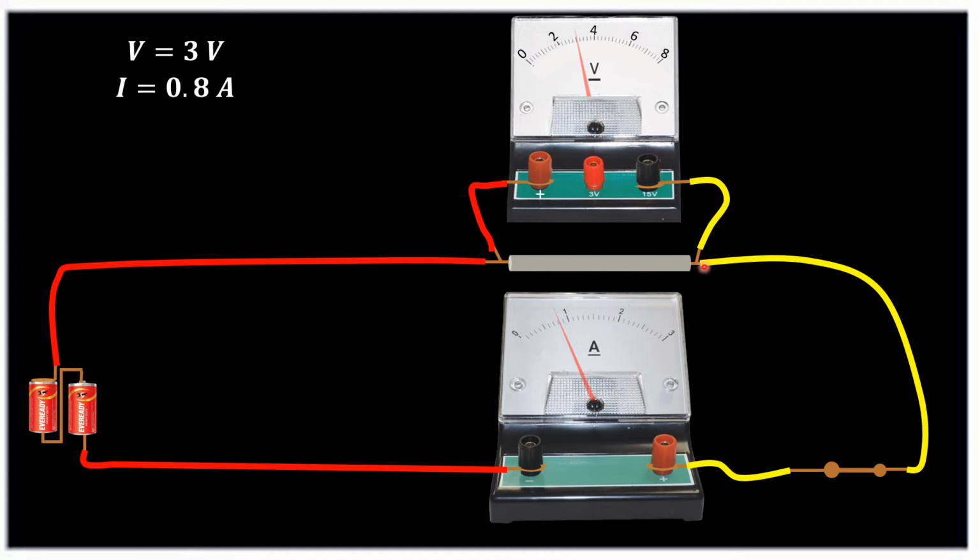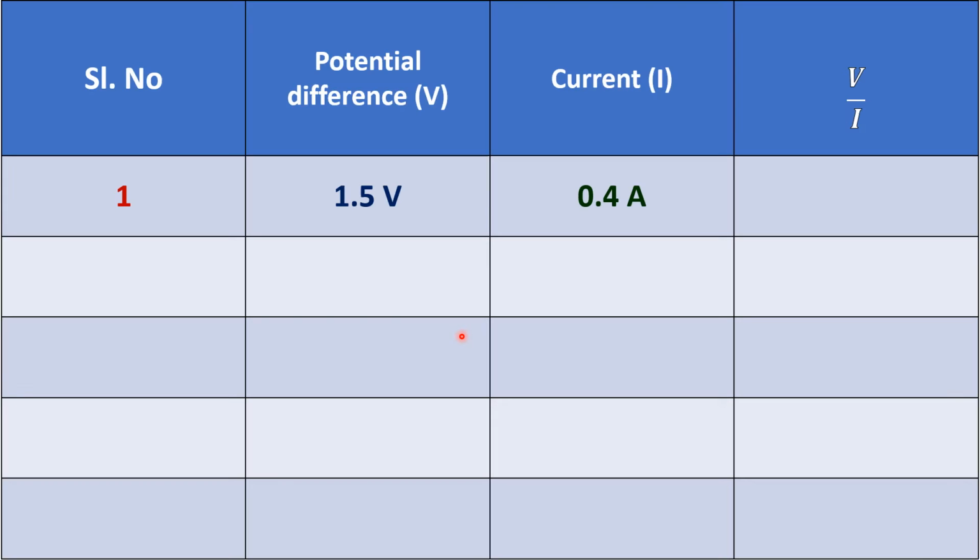Okay, so let us note down these values again in the table here. Second time, serial number 2, potential difference we got 3 volts, current passing through the iron spoke is 0.8 amperes. I will calculate V by I values later.